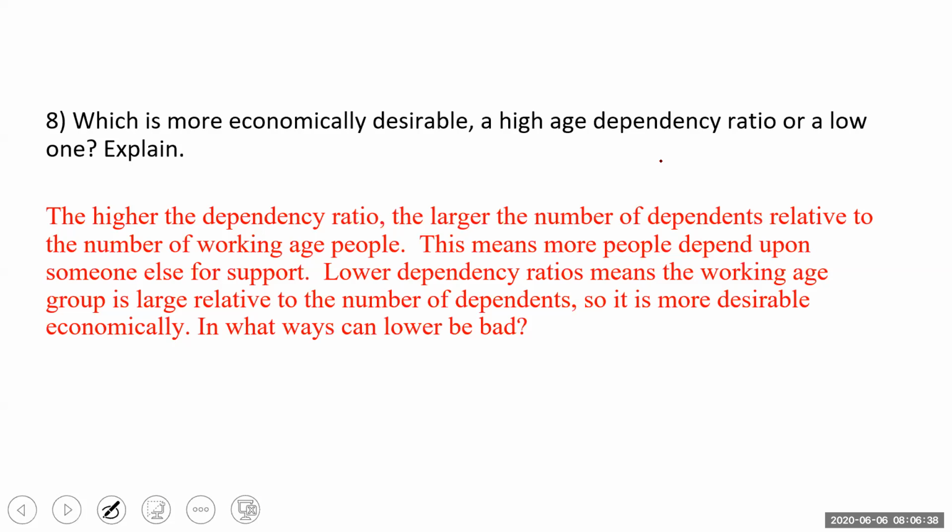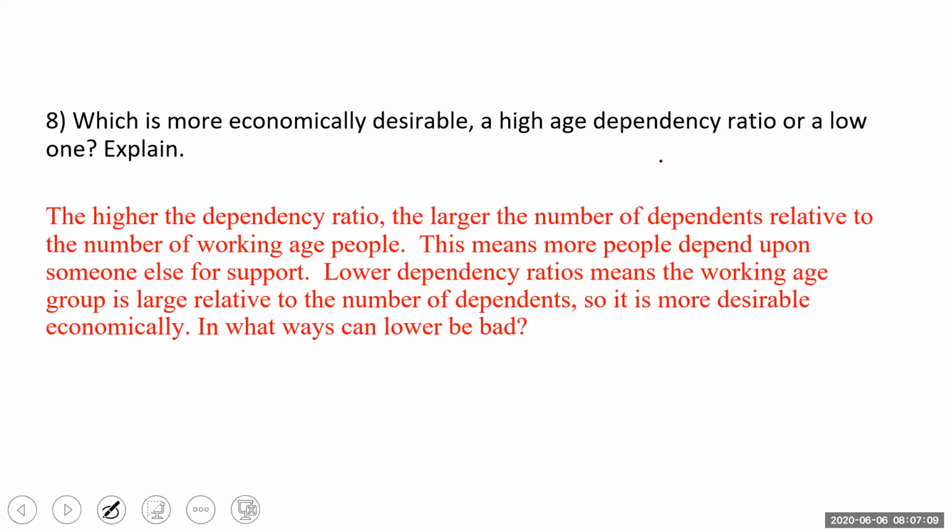So if there are more dependents than people who are working, there's a lot of burden on the working age people, right? Because the revenue of the economy reduces. All right, so these have economic implications, and it's very important. Now, on the flip side of this argument is that lower dependency ratio means the working age group is larger.